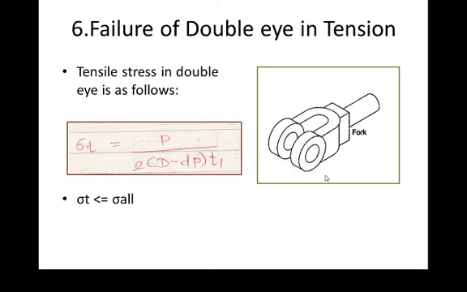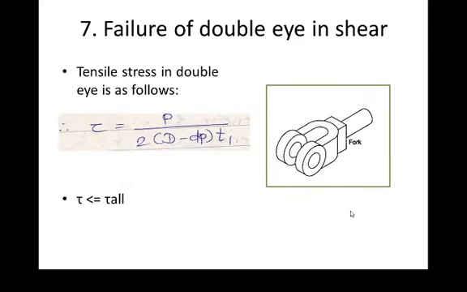This is for one eye, then this is for the second eye. Therefore you get the total formula: sigma T is equal to P divided by 2 into (D minus dp) into T1. This is the induced stress in the component, and this value should be less than the permissible sigma T.